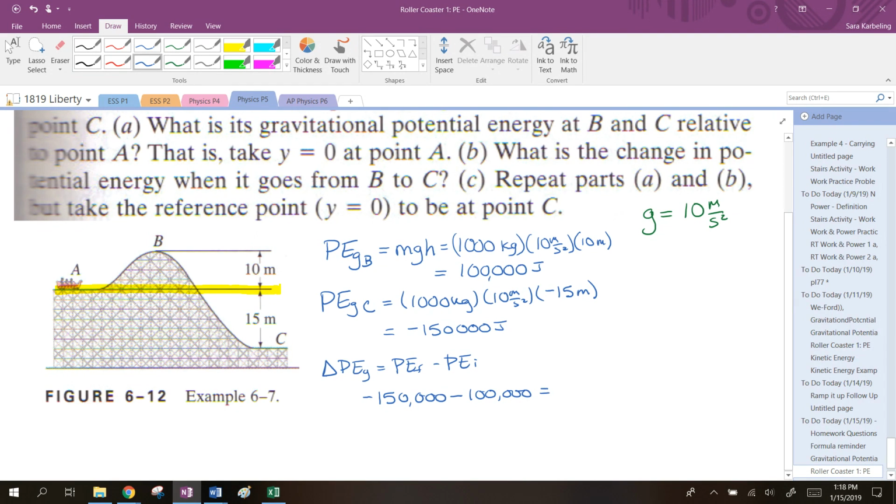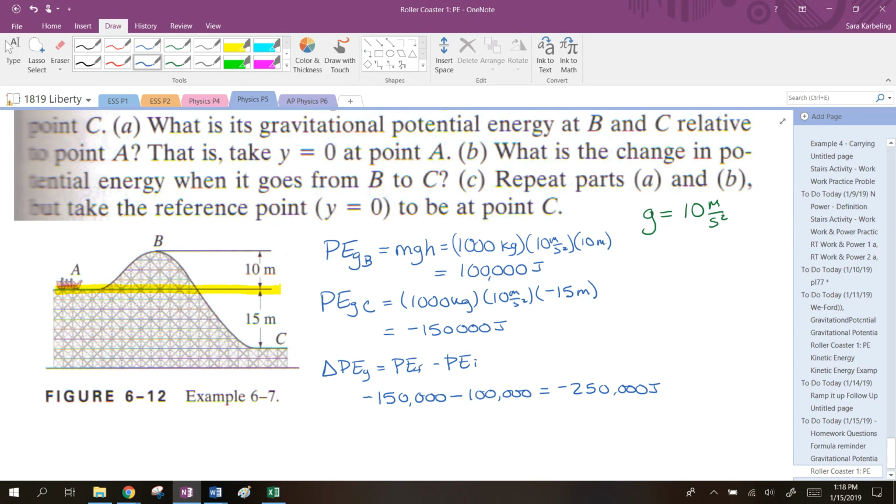What is the change in potential energy? You don't need a calculator for that, do you? What do you get, Madeline? Negative 250. You got some zeros though, right? Yeah, 1,000 joules. 250 kilojoules. Yeah, you could be fancy, right?